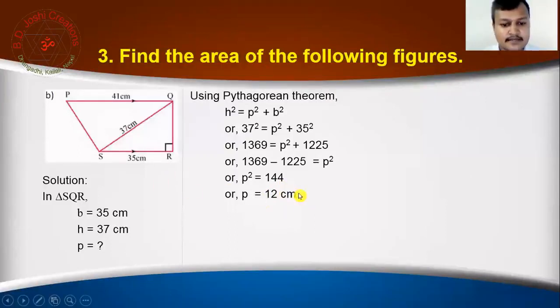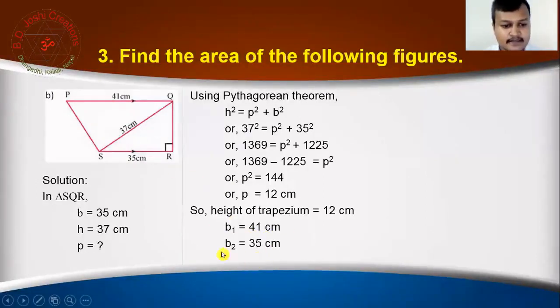Perpendicular QR is 12 centimeter. For the trapezium, it is the height or distance between the parallels. Height of trapezium is 12 centimeter, and lengths of parallels B1 as well as B2 are 41 centimeter as well as 35 centimeters. B1 is 41, B2 is 35.